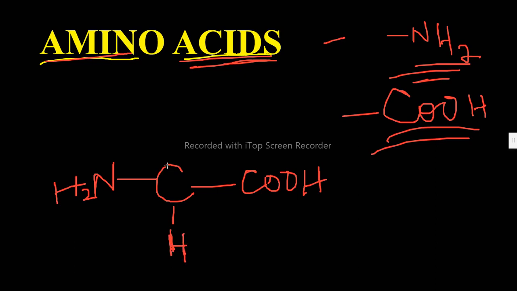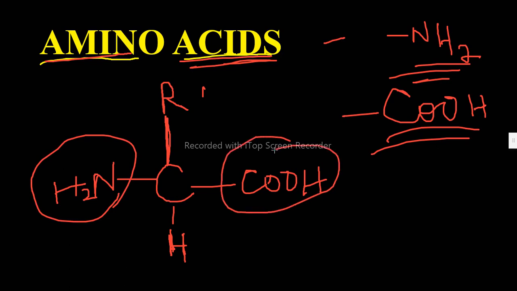And you have a certain group here, let me represent it with R. Now this R is not an alkyl group, like what you use in organic chemistry, but it is any group. All amino acids have this amino group, this carboxyl group, and this carbon. All of them, all the 20.